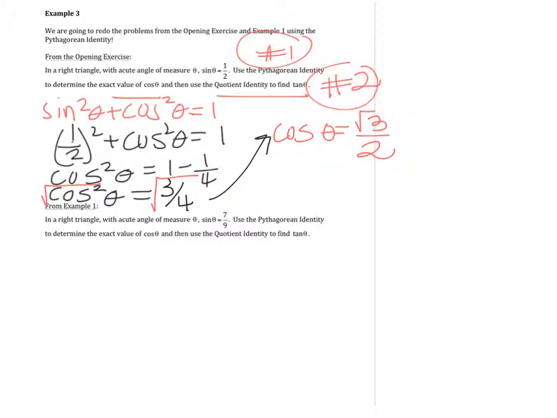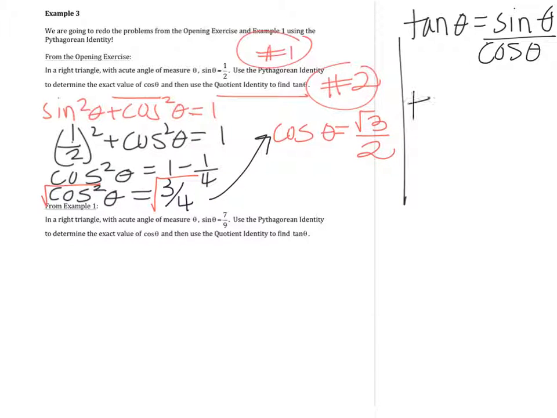So now we need to find tangent of theta using the quotient identity. So we know that's sine of theta divided by cosine of theta. So we know sine of theta given as 1/2, that's divided by the cosine, which we just found to be radical 3 over 2.